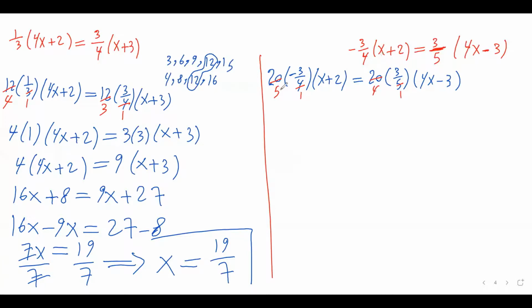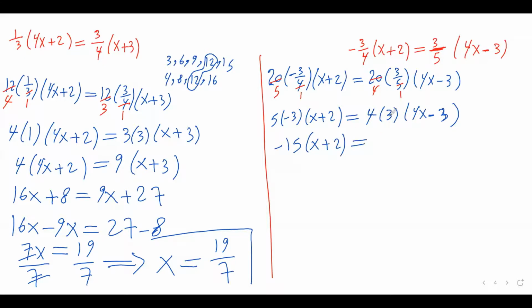So I have 5 bracket negative 3 times x plus 2. That's my left side. And on the right side, I have 4 times 3 times 4x minus 3. So 5 times negative 3, that's negative 15 bracket x plus 2. And on the right side, I have 4 times 3, which is 12 bracket 4x minus 3.